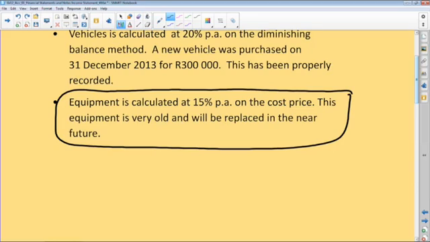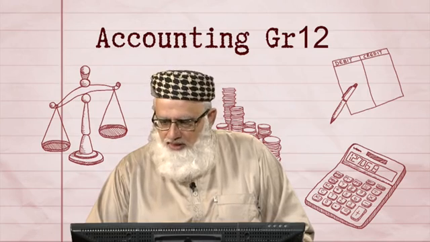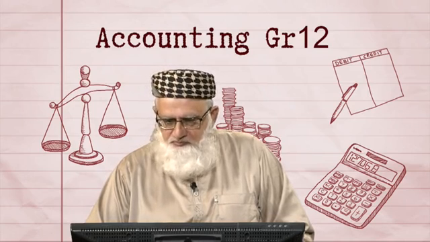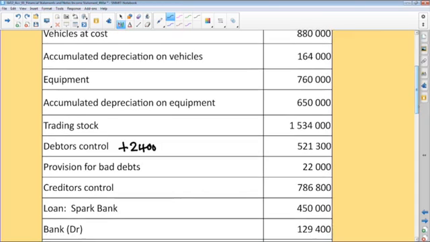This equipment is very old and will be replaced in the near future. Now, let's look at this here. Look at your equipment. The balance is 760,000 and it has an accumulated balance of 650,000. Meaning what?